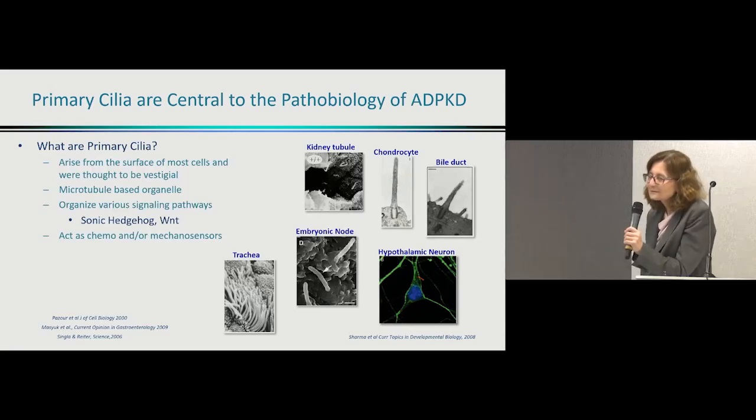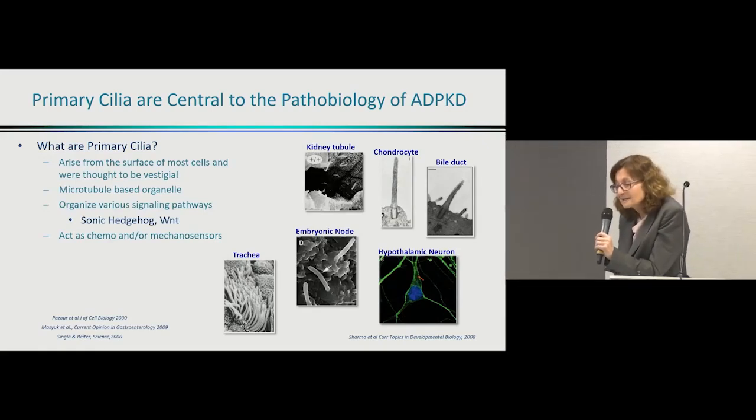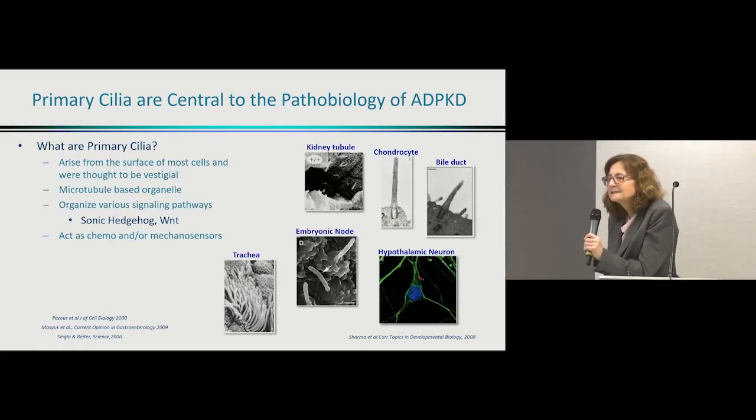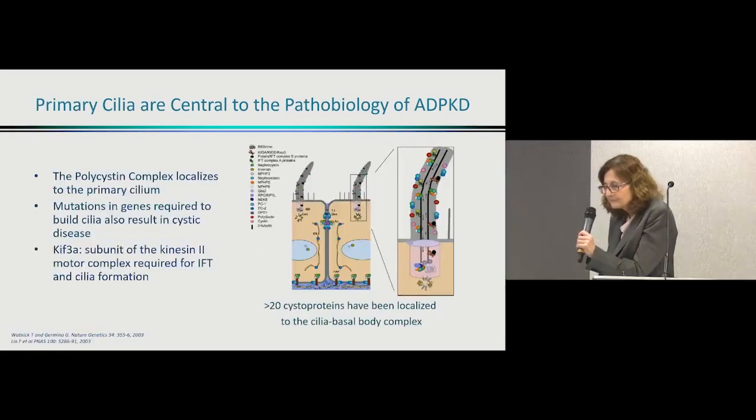Developmentally they are very important, and if you mutate them, you wind up with a bunch of different abnormalities. It's thought now that these cilia organize signaling pathways and act basically as chemo- and or mechanosensors, so very critical.